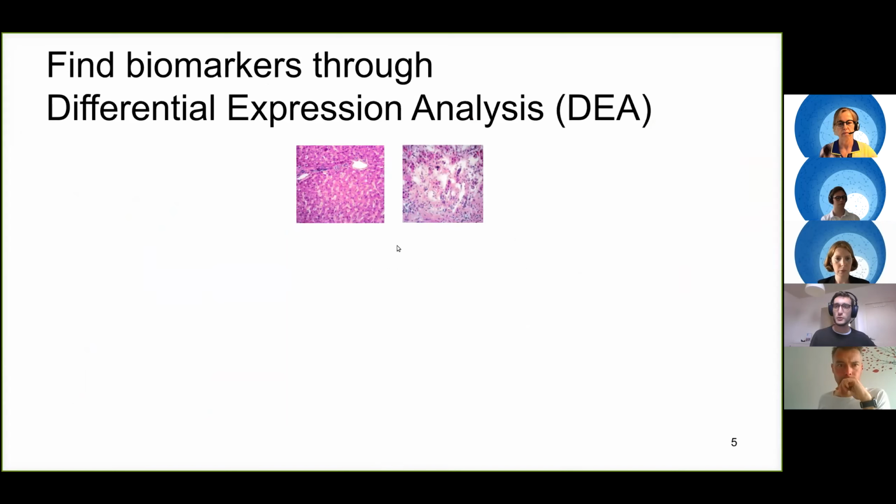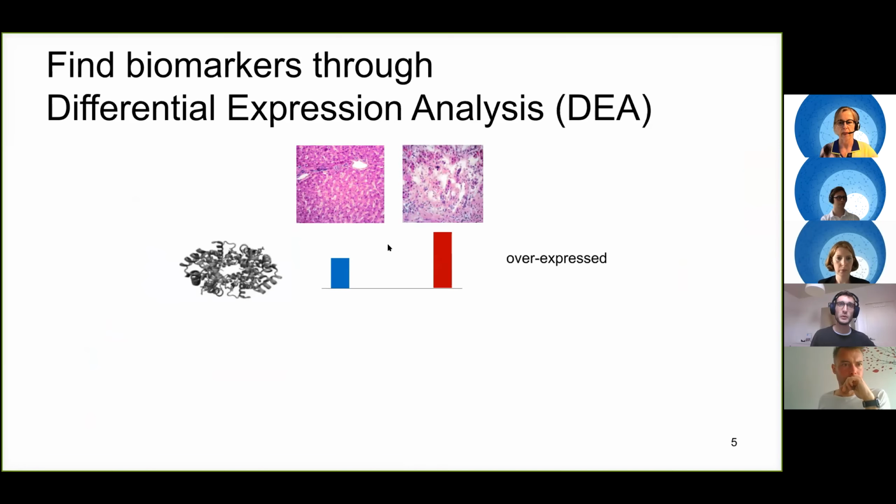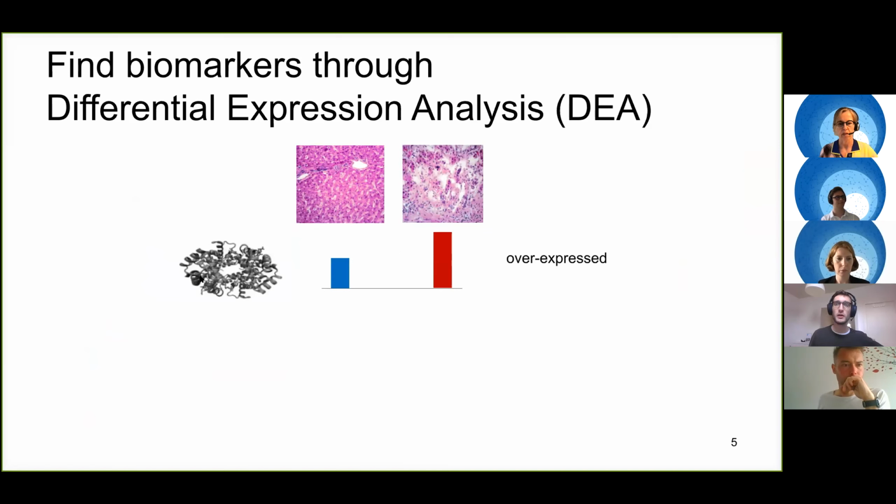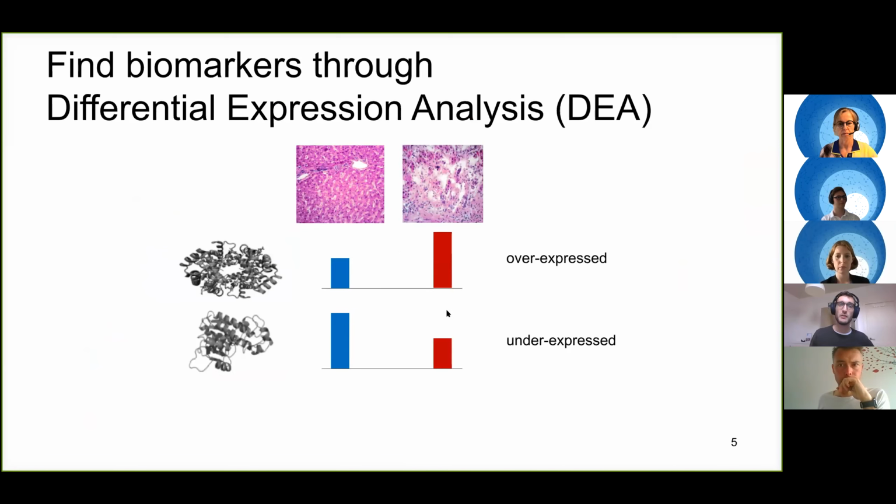What we now want to do is investigate the proteomes of those biological samples, meaning we want to find out which proteins are present and how many of each type. So for example, this one could be overexpressed in the liver with cirrhosis, and another type of protein could be underexpressed, and then many other types of proteins could not be differentially expressed.